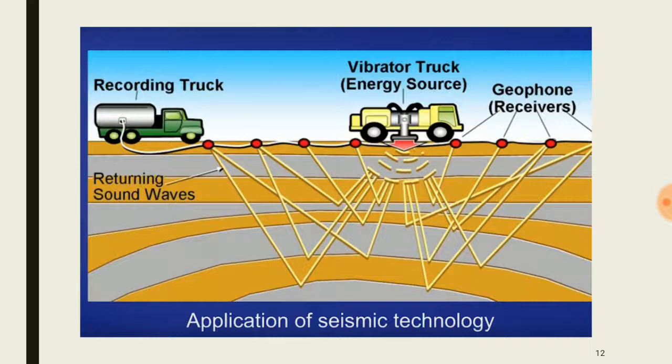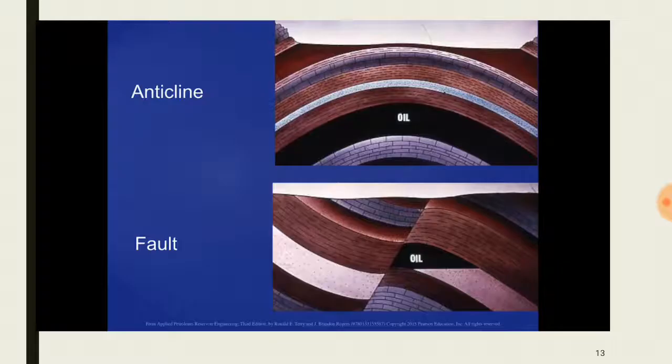The receivers record all the energy reflected back after it has been sent by the vibrator truck. It is all recorded to a recording truck, which records all the returning sound waves and gives us feedback about what is under the ground. That is one of the methods used to know where oil and natural gas are found in the ground.